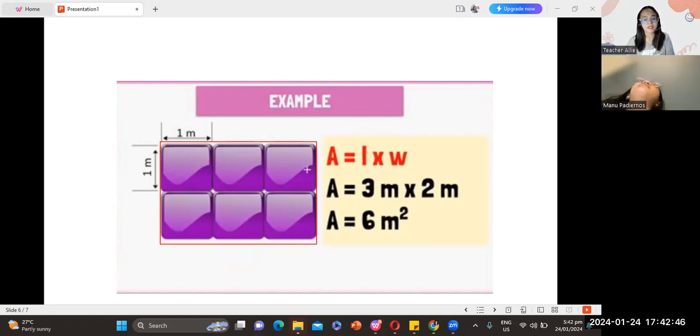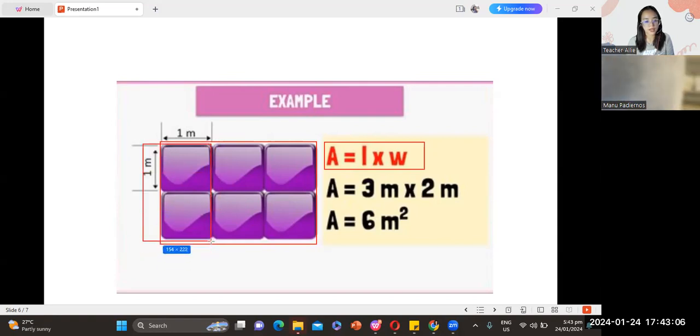Now, for a rectangle, Manu, we're going to use its equivalent formula, which is A is equals to L times W. Here, as you can see, for the width there are two, and for the length we have three. So you're just going to multiply 3m times 2m is equals to 6m squared.